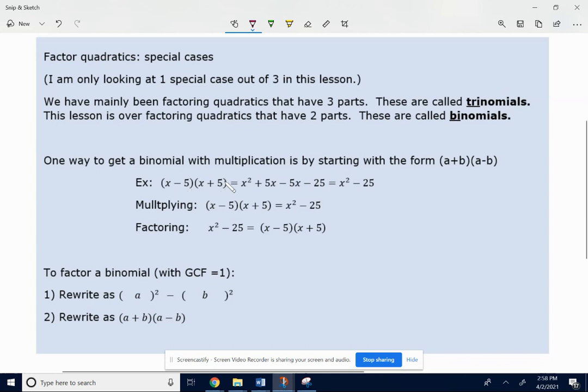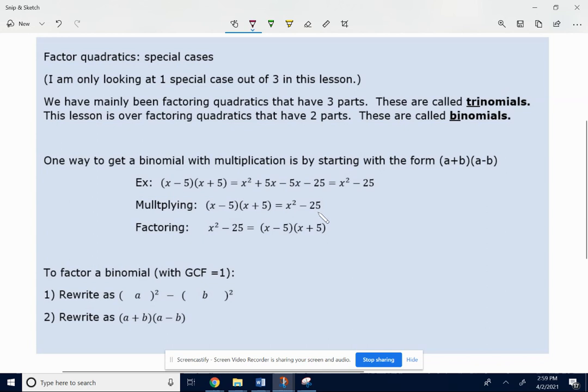Last would be negative 5 times 5, which is negative 25. And see, the middle terms cancel. You're going to be left with a two-part polynomial, called a binomial. So when I multiply x minus 5 times x plus 5, I end up with x squared minus 25.